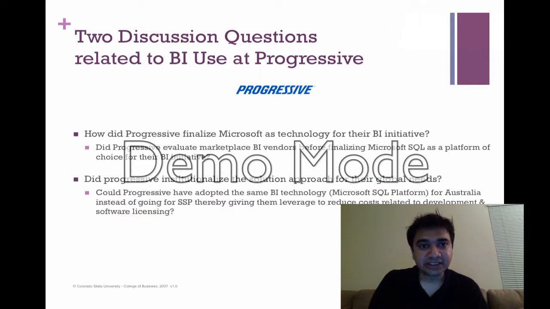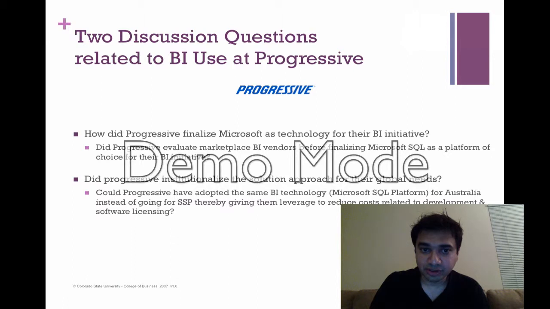Now, lastly, I had a couple of discussion questions. This is a thought process in terms of the BI use at Progressive. I was curious when I read a variety of sources on Progressive Insurance and their case studies how Progressive finalized Microsoft as the technology for the BI initiative.